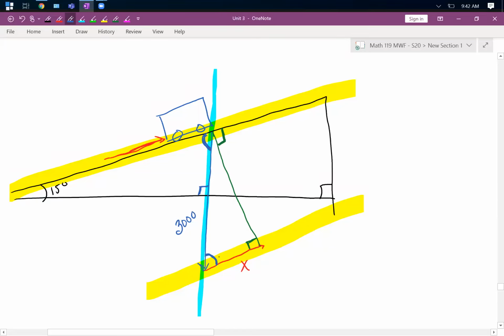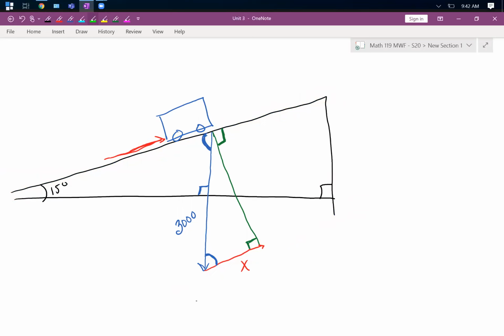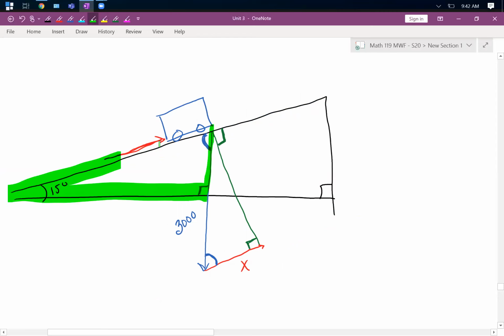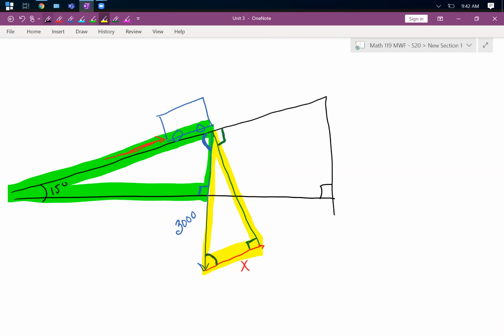Now, we don't know what they are, but if we shift our attention to this right triangle versus this right triangle here, they both have a 90-degree angle.